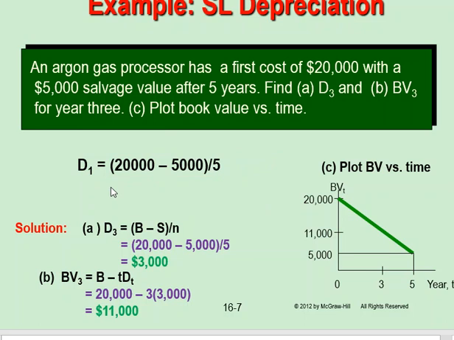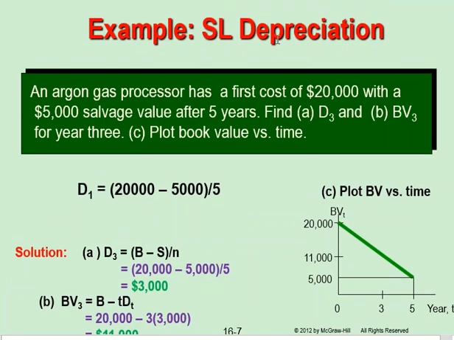So you can see D1 is similar to D3, and D2 will be the same, and D4. So SL, straight line depreciation, gives us constant depreciation, constant D, whether it's D1, D2, D3. That's why we call it a straight line.